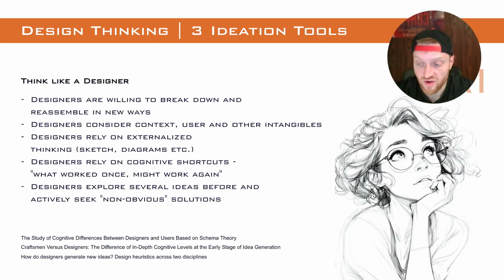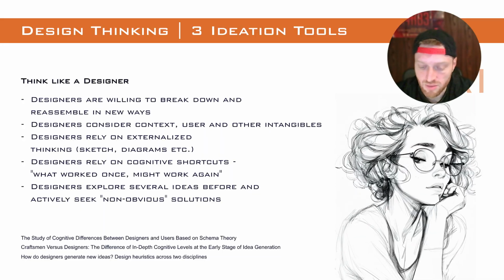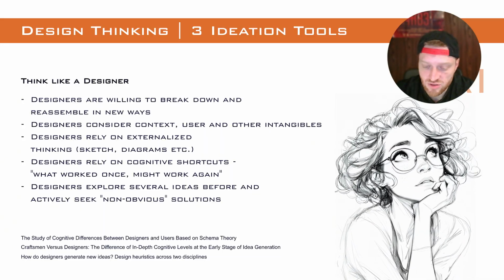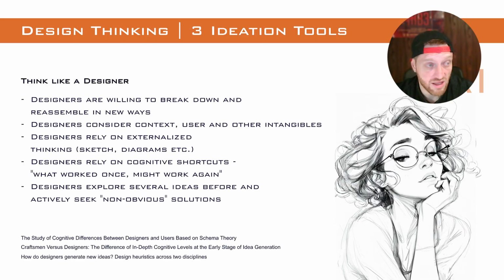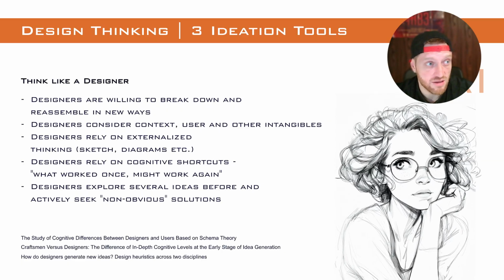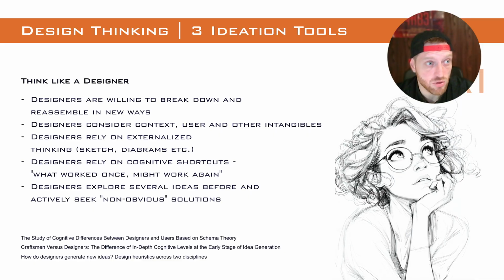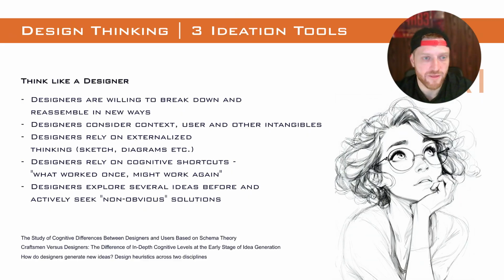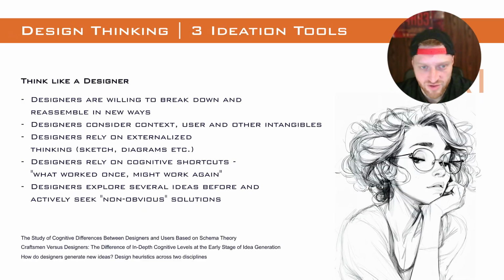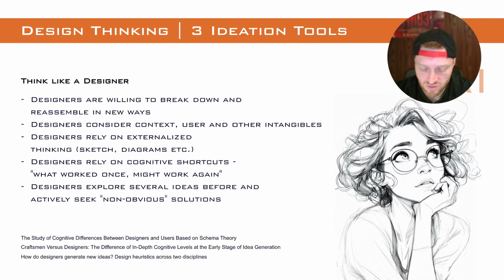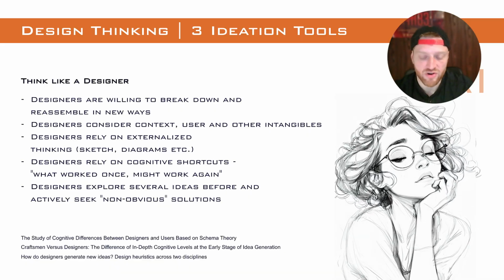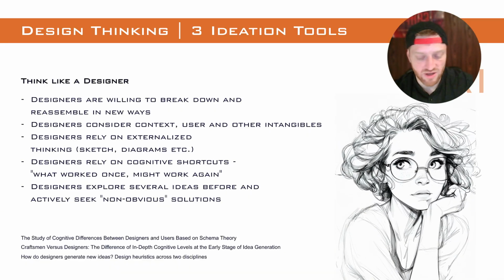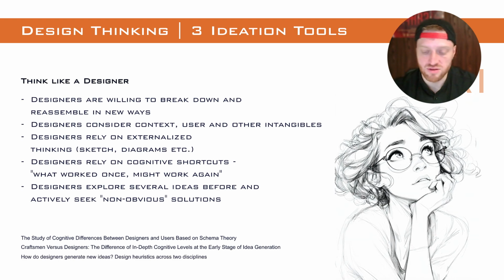What haven't I tried at all, or what haven't I seen being done before, or what shape is not typical for this kind of thing, and what does it potentially say semantically, what does it imply emotionally for the user if I change the perspective. In ideation, try to think like a designer if you don't already. Be willing to tear things apart, put them back together in different ways, and train yourself so you can more easily rely on the brain circuits that you have built during the process.